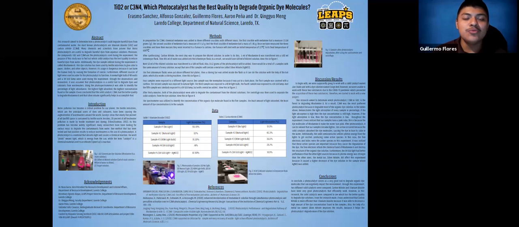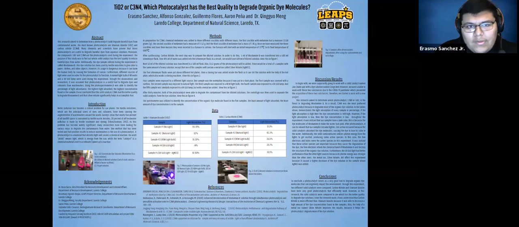In the first table, we can view the light absorption in percentage of the 5 samples where titanium dioxide was added. In the second table, we can view the light absorption, also in percentage, of the 5 samples where carbon nitride was added. Now to the discussion and results.